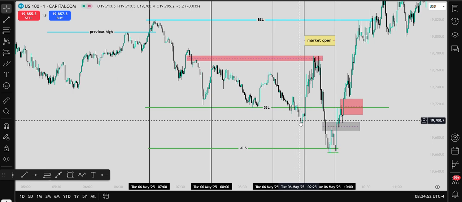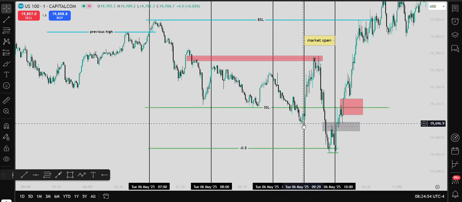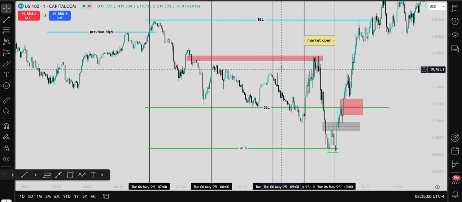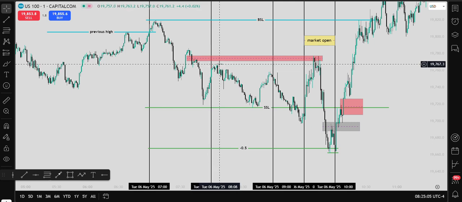And if you can see clearly, it took out the sell side liquidity, then immediately it did that, it went higher to take out the previous highs, this one and this one.